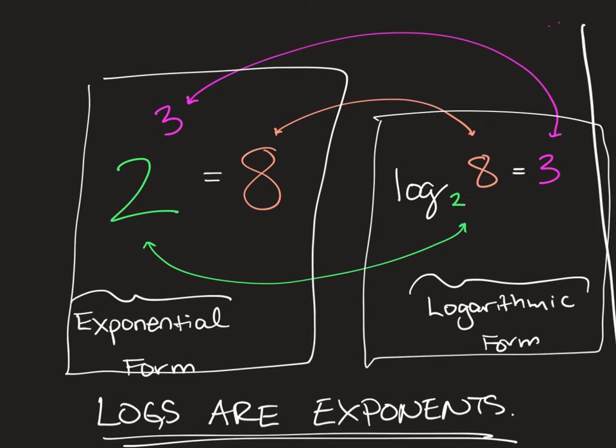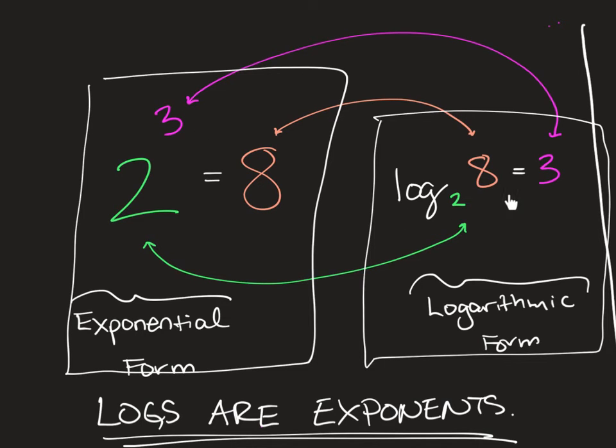So let's learn how to write these equations. This is how you would go about writing a logarithm. This equation, 2 to the third power is the same as 8, tells me the same information as what's over here: log base 2 of 8 is the same as 3. And I really want to stress this: logs are exponents. Notice this log is the same as 3, which is the exponent over here.